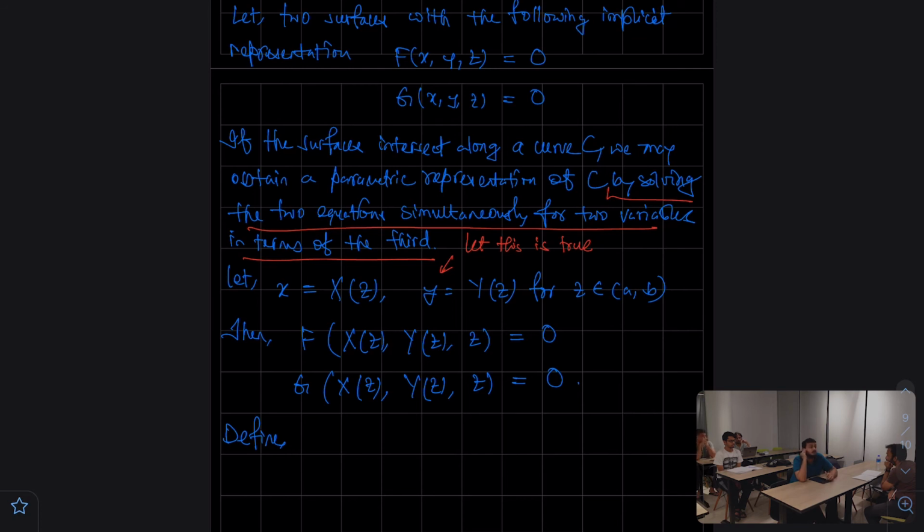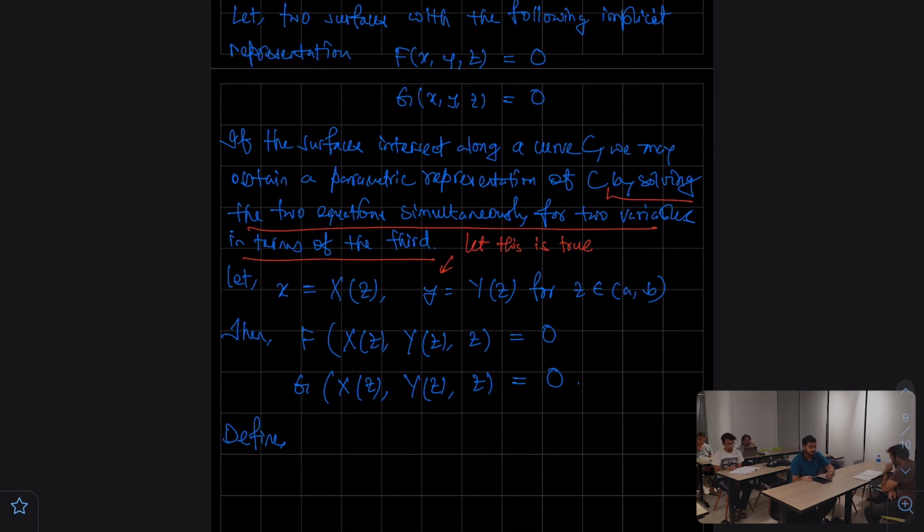So that's the simultaneous solution of these two surfaces. So what I'm asking is, are we on that curve that satisfies? Yes, because we are on the curve. Confused? Two surfaces intersecting on one curve. That's C.